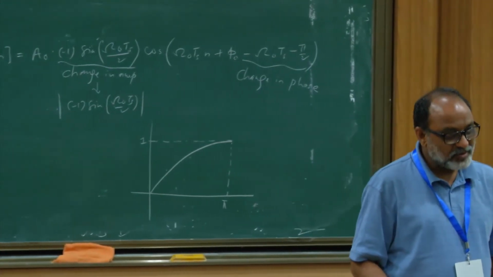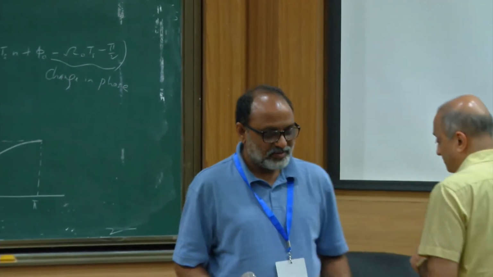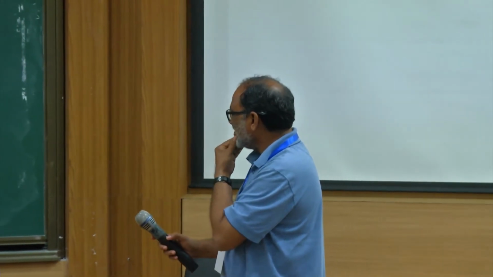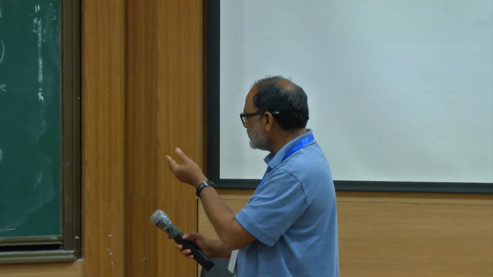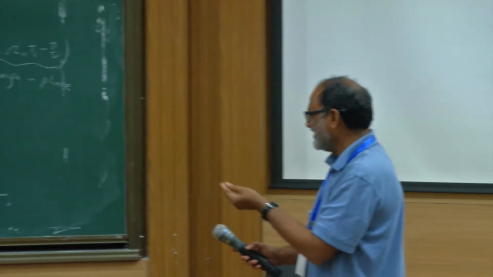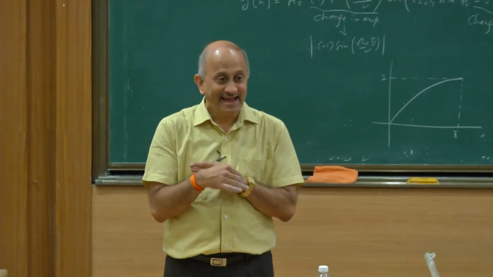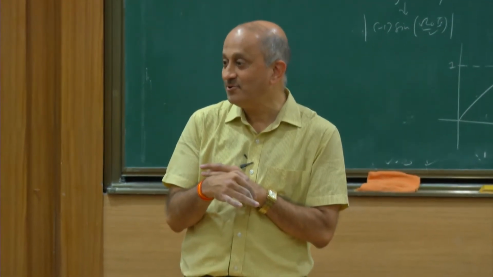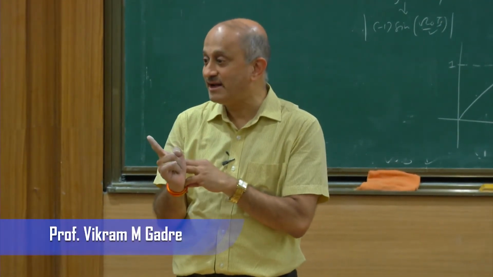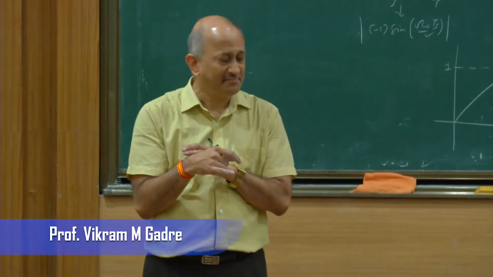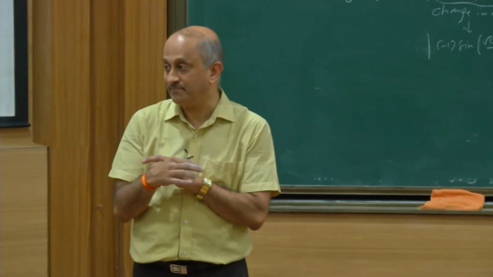Now, what is your comment? What does this system do? Gender equality, isn't it? Initially the male voices were strengthened by (x[n] plus x[n minus 1]) by 2. Now the female voices are going to be strengthened by (x[n] minus x[n minus 1]) by 2, isn't it?